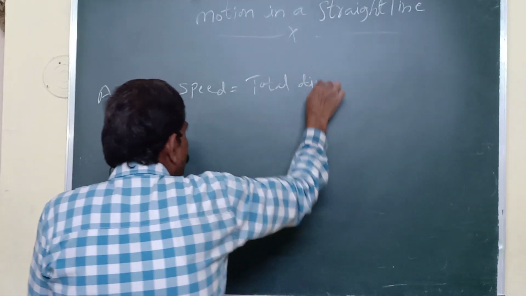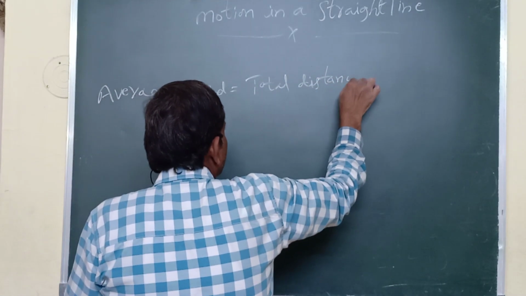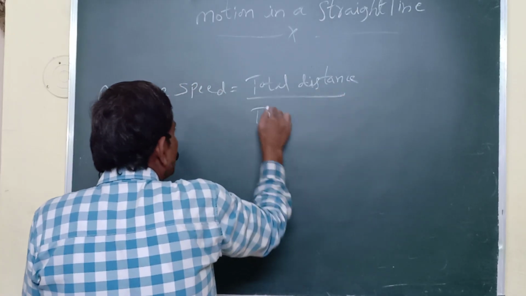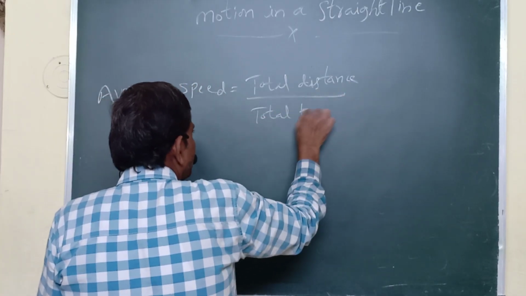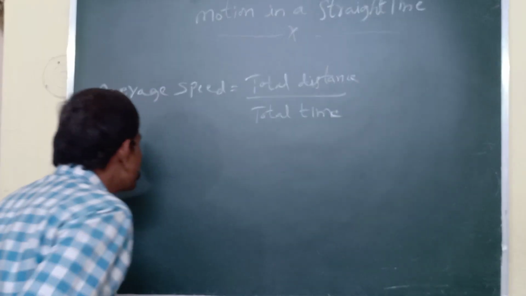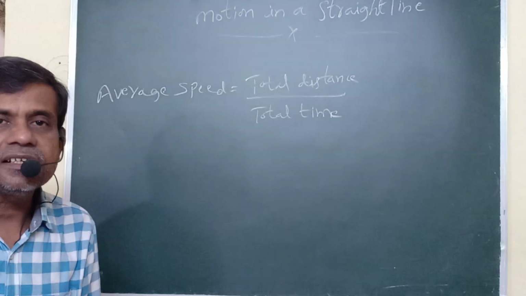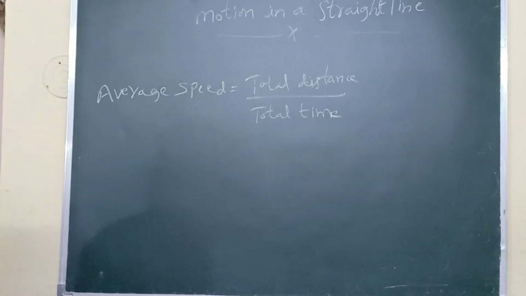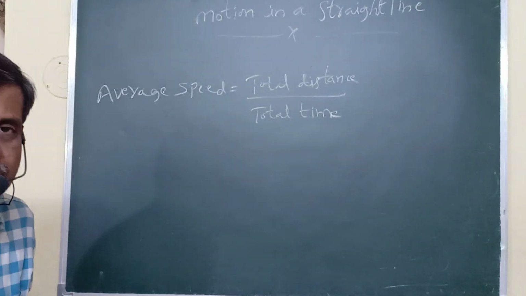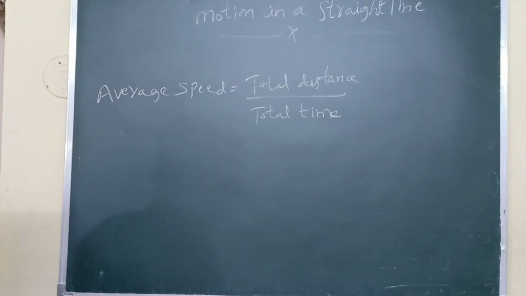Total distance by total time. That is called average speed. What is average velocity? Resultant displacement by total time. Same like that only. Here distance taking, there displacement taking. Everything same only. This is average speed.